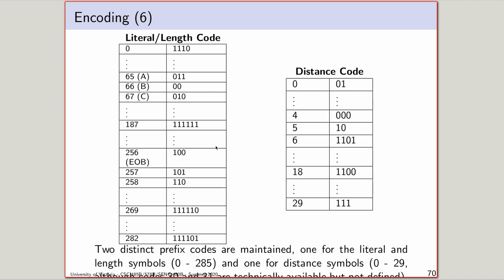Maybe I'll fix this slide before I post it. What's getting cut off there isn't really that important, but for the sake of the next example making sense, we maintain two different prefix codes, one for each alphabet. I have completely made these numbers up. And we'll see in block type 2 we can do that as well.